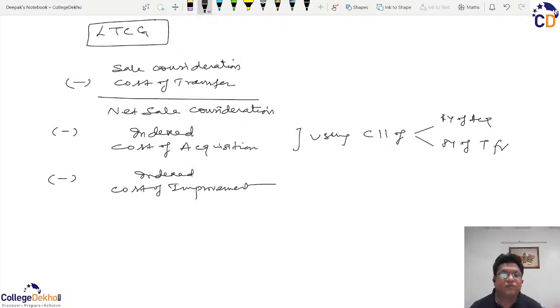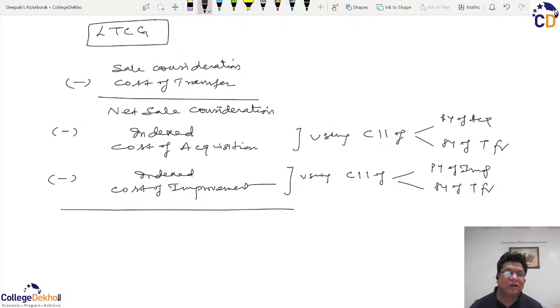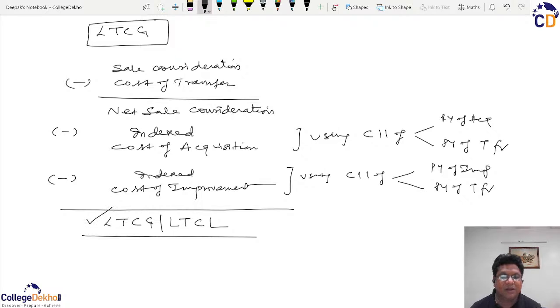It means even if the improvement was done only last year, still because it was originally a long term asset, the cost of improvement will be indexed using the CII of the previous year of improvement and the previous year of transfer. And therefore now we arrive at the figure of long-term capital gain or long-term capital loss. Obviously, if the net sale consideration is more than the combined two indexed costs, then there will be long-term capital gain, otherwise vice versa.